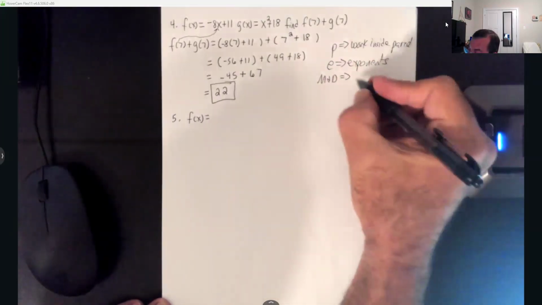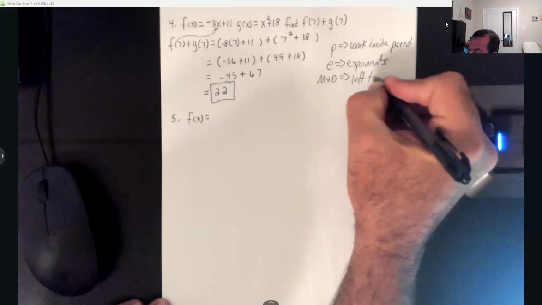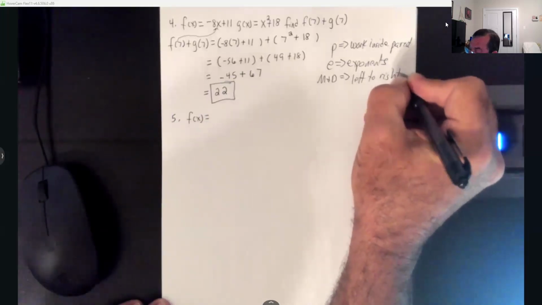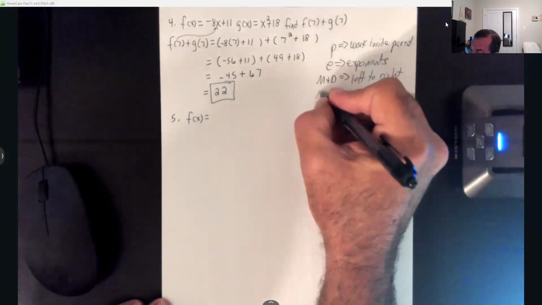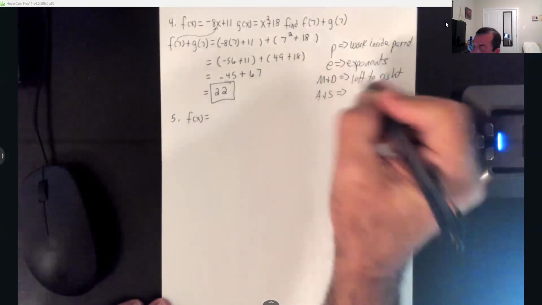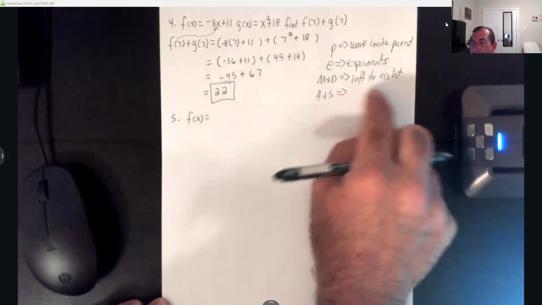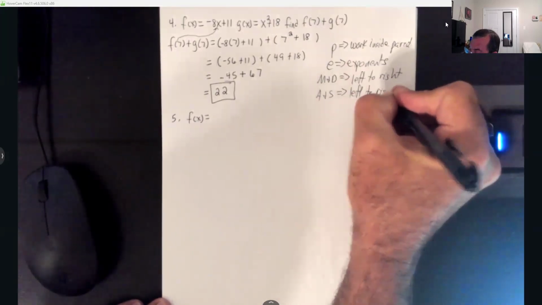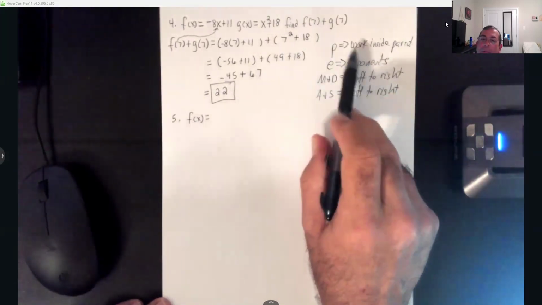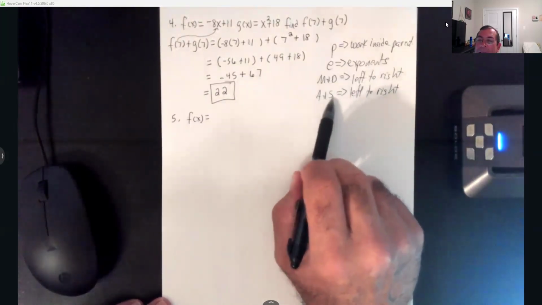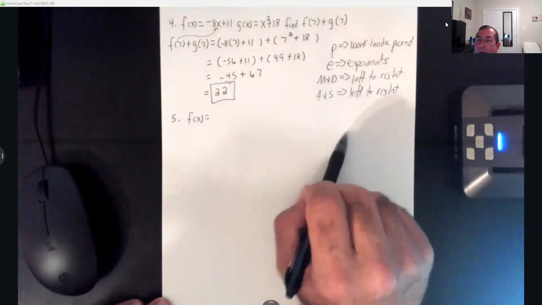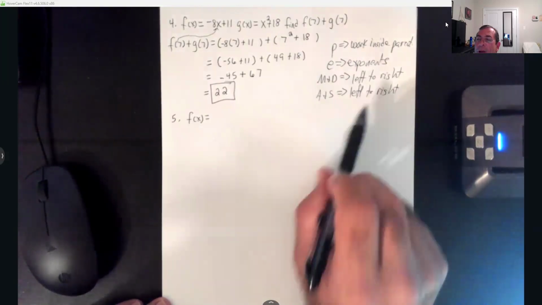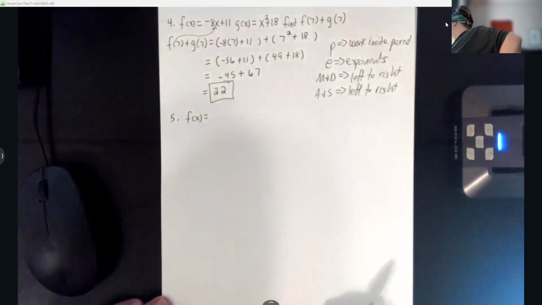So multiply and divide, you got to go left to right. And then finally the A and S, add and subtract. Add and subtract also go left to right. That's why they say, please excuse my dear Aunt Sally from Little Rock. Little Rock lets you know you're going left to right.